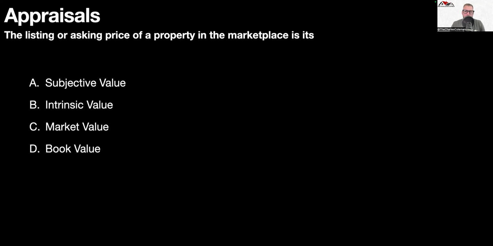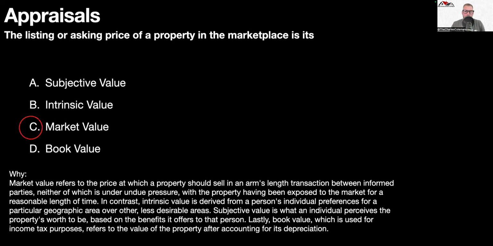The listing or asking price of a property in the marketplace is its market value. Market value refers to the price at which a property should sell in an arm's length transaction between informed parties, neither of which are under undue pressure, with the property having been exposed to the market for a reasonable length of time.